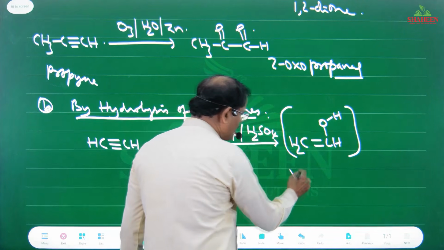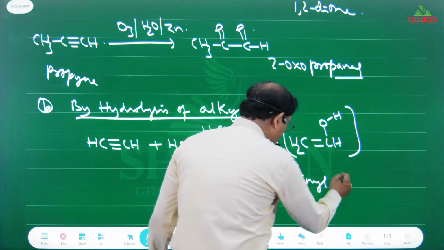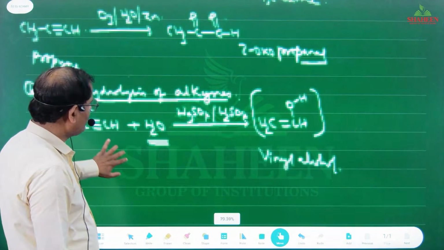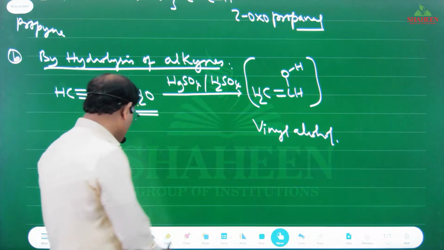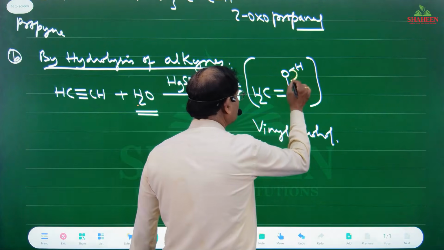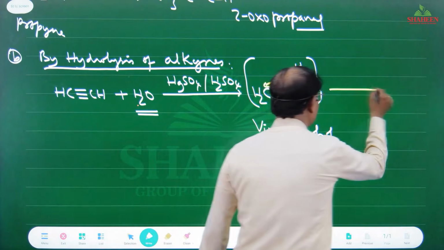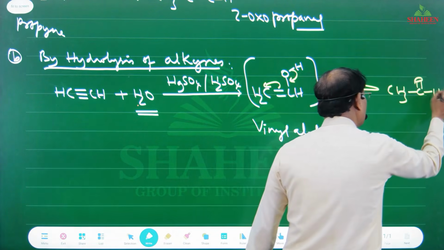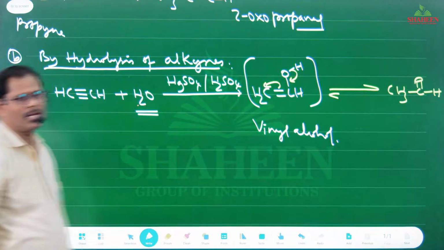So we get unstable vinyl alcohol. Vinyl alcohol is unstable and undergoes tautomerization. By tautomerization, it is converted into a stable carbonyl compound, CH3C double bond OH. The stable carbonyl compound is the product.